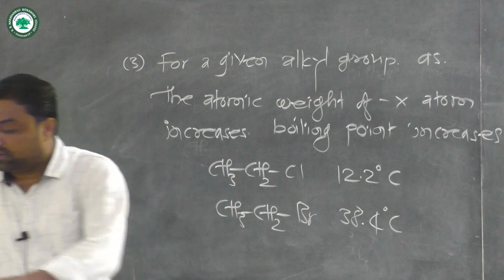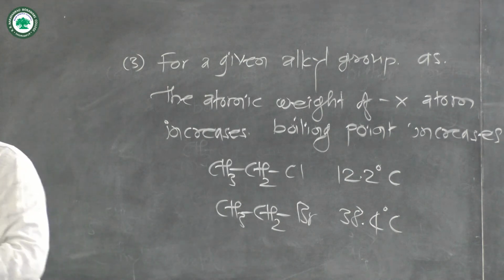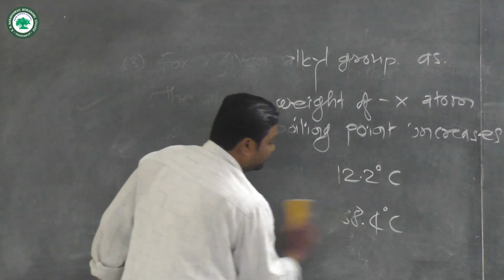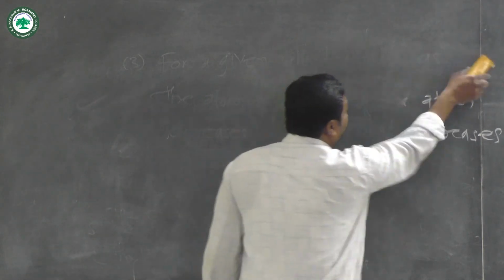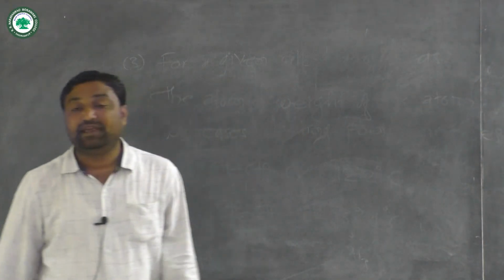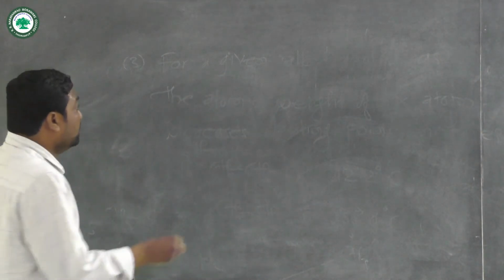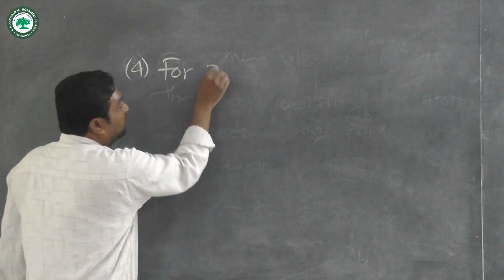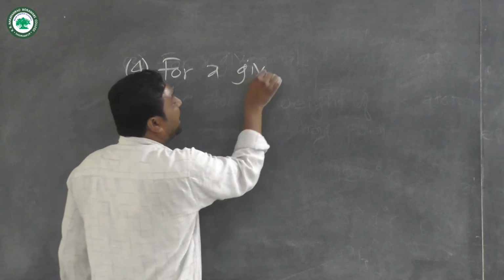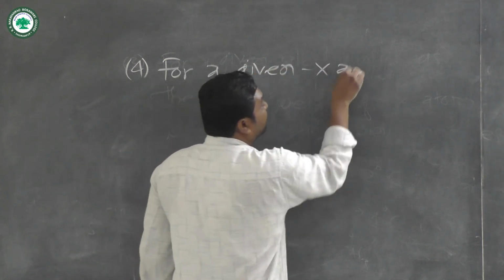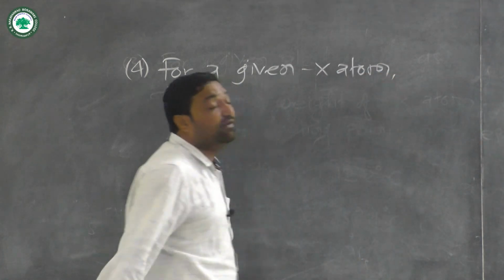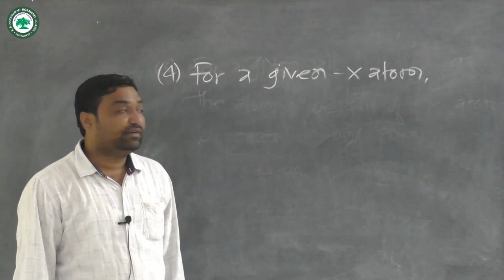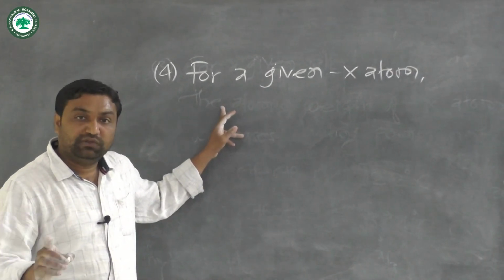Now the next physical property, that is property number 4. In this case, for a given halogen atom, as the number of carbon atoms increases, its boiling or melting point also increases.